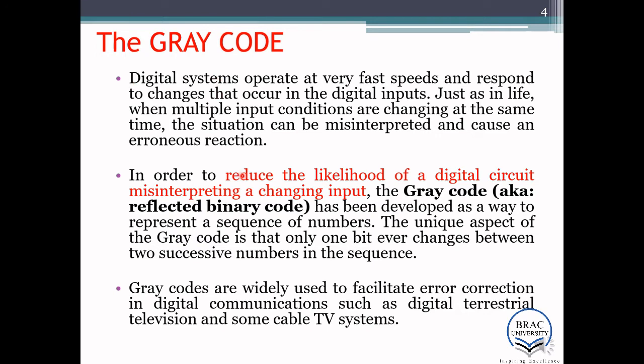So in order to reduce the likelihood of a digital circuit misinterpreting a changing input, the Gray code, which is also known as reflected binary code, has been developed as a way to represent a sequence of numbers. The unique aspect of Gray code is that only one bit ever changes between two successive numbers in the sequence.